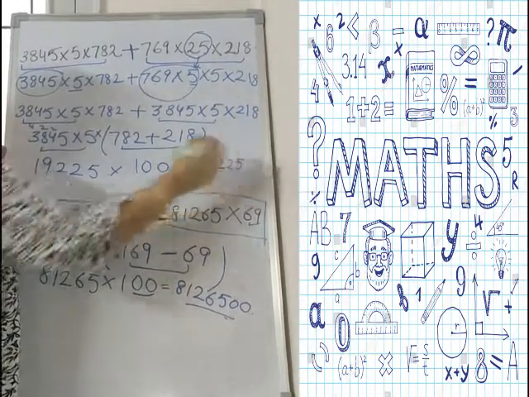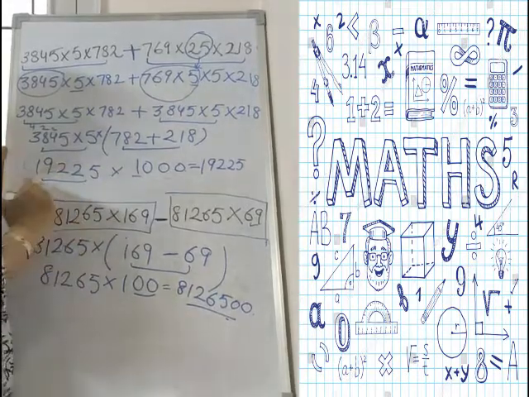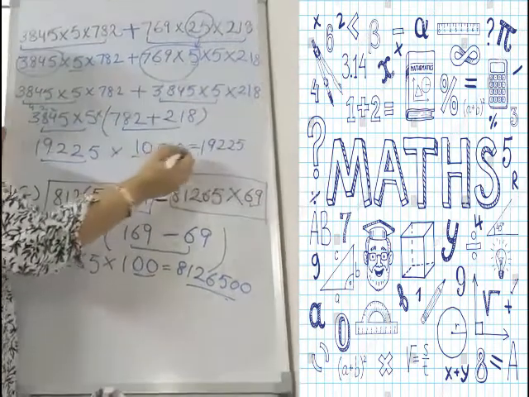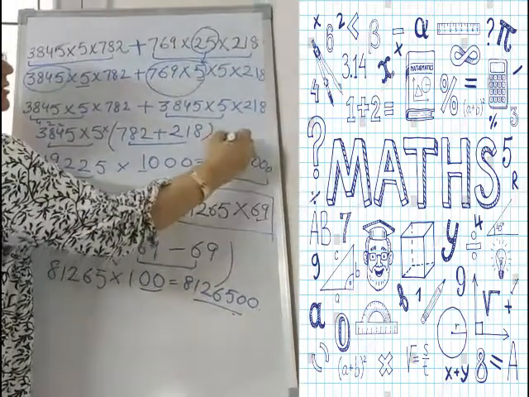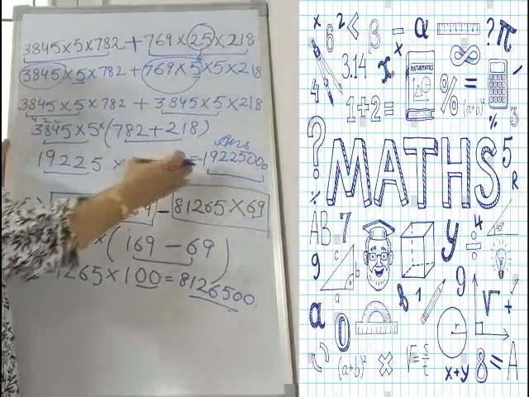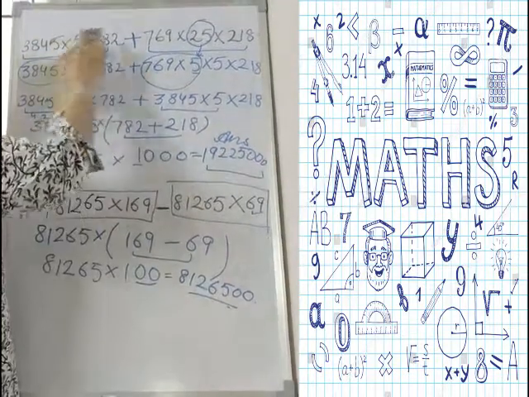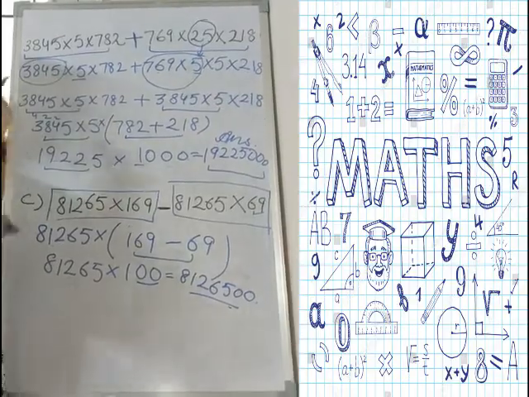You will write the number as it is, because you have to multiply this by 1. And how many zeros you will put at the back? Yes, 3 zeros at the back. So you have answer. So you can see here we can get bigger answer without doing lengthy calculation. So distributive property will help you for this.